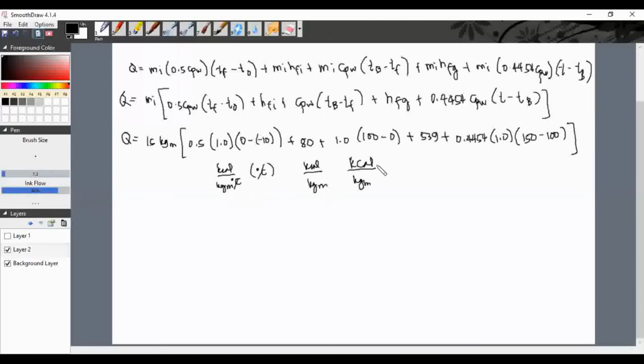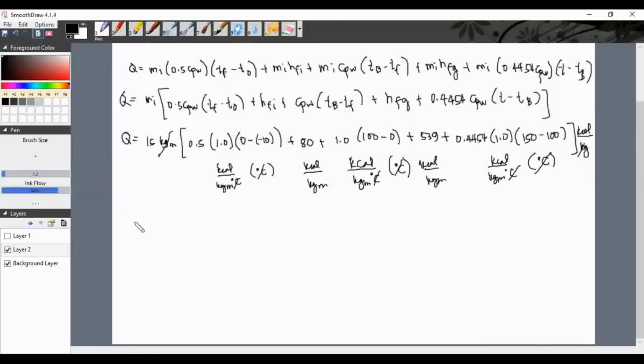Ito, kilocalories per kilogram mass degree Celsius times degree Celsius, so cancel na rin ito. Then ito, kilocalories per kilogram mass degree Celsius, then unit nito is degrees Celsius, so cancel na rin ito. So, overall, ang unit na lang nito is in kilocalories per kilogram mass. Okay?